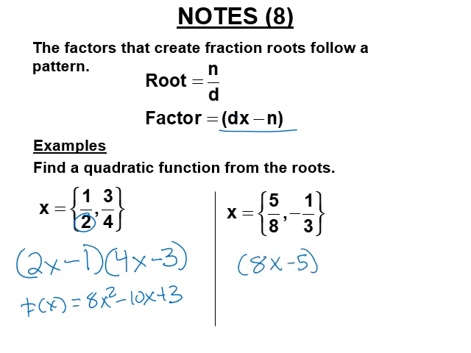With a negative 1/3, where it's going to be plus, so it's going to be 3x plus 1. So we have 8x squared minus 15x minus 7x minus 5.